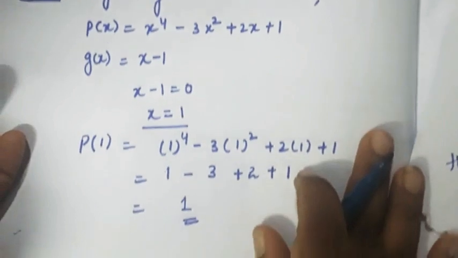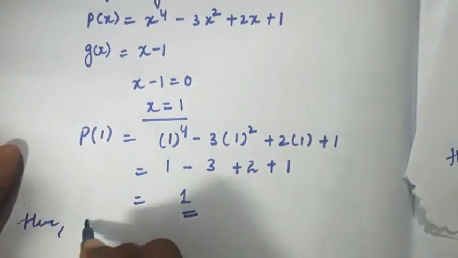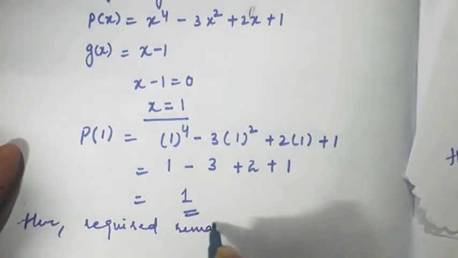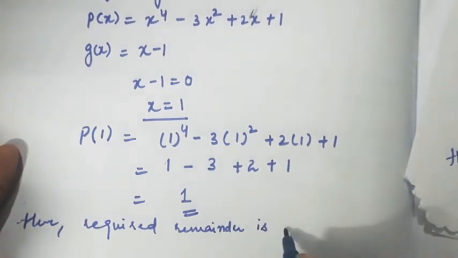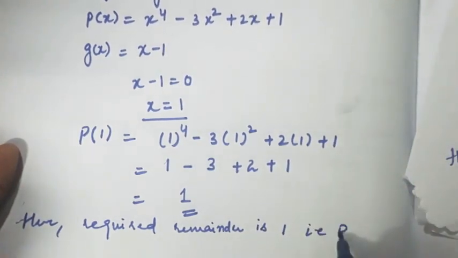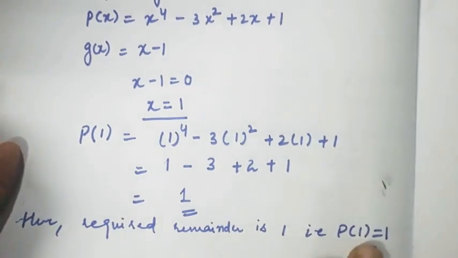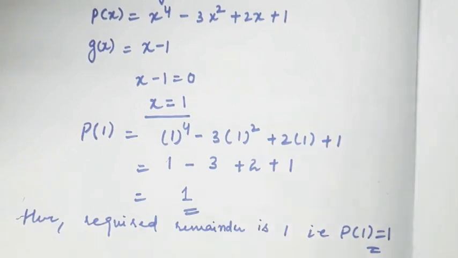And this is the remainder. Hence the required remainder is 1, that is p(1) equals 1.